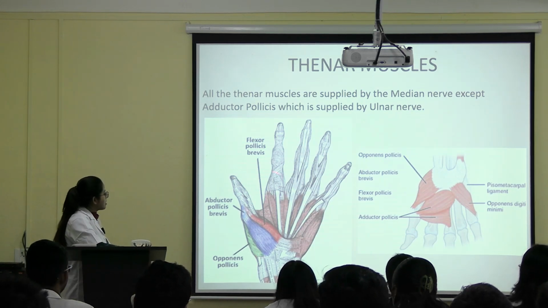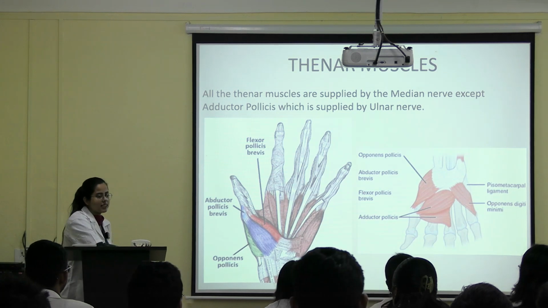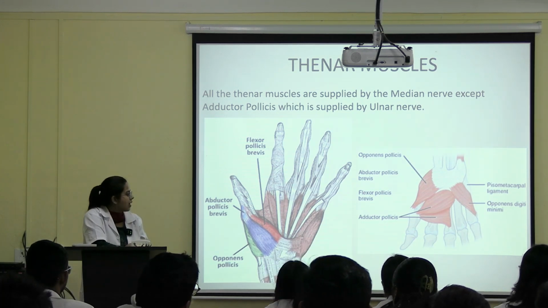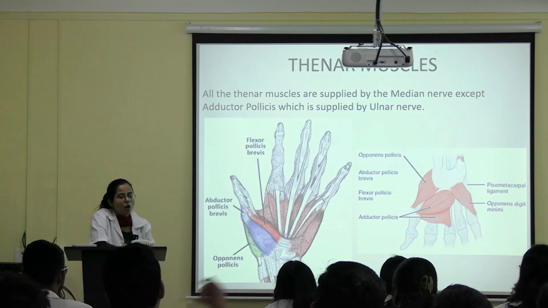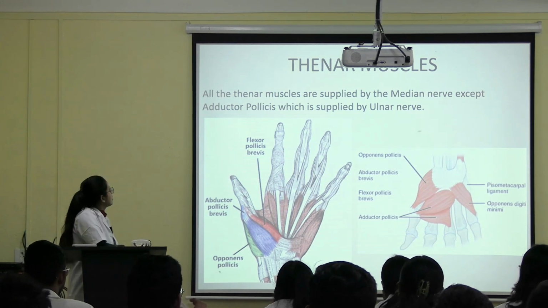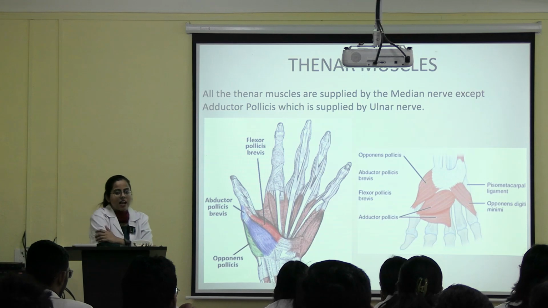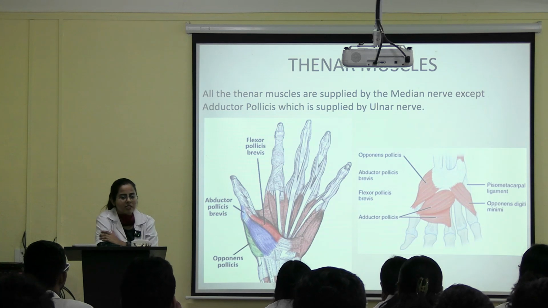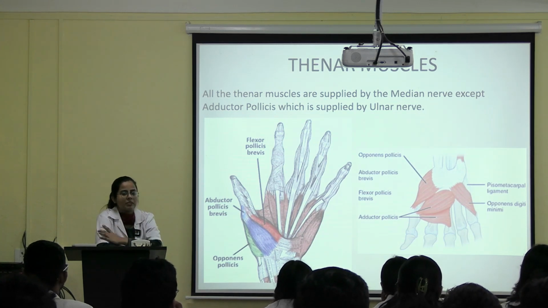Flexor pollicis brevis and adductor pollicis have two heads: flexor has a superficial head and deep head, and adductor pollicis has an oblique head and transverse head. Now all the thenar muscles are supplied by which nerve? Median nerve, except adductor pollicis, which is supplied by ulnar nerve. So can anyone tell what are the muscles of thenar eminence?